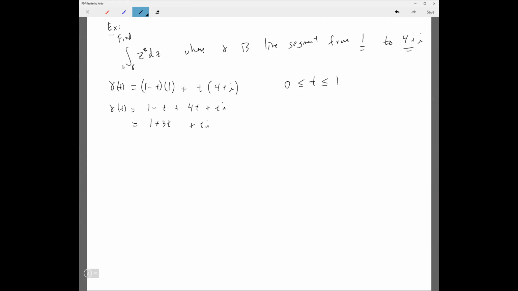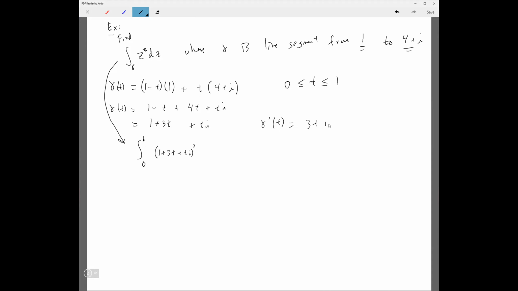And now we're ready to plug it into the integral. The limits of integration are going to be the limits on the parameter t, 0 to 1. This z is going to get replaced with all that. And then you're going to multiply by gamma prime of t.